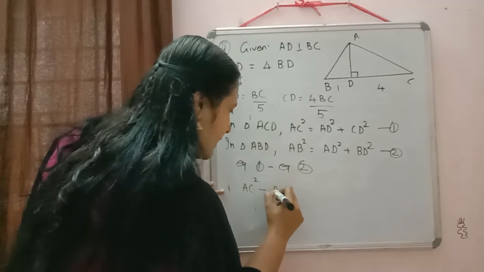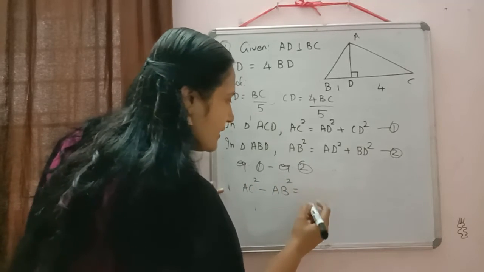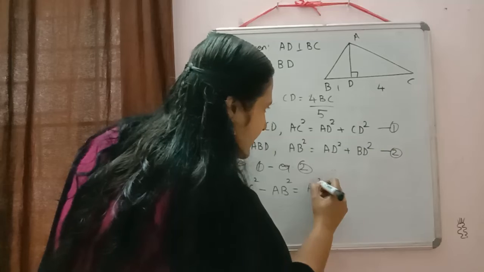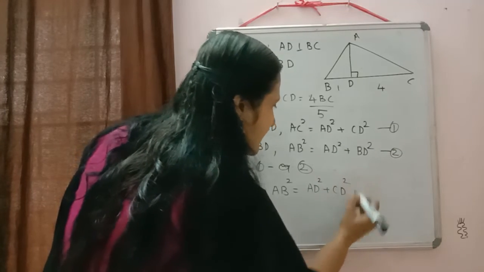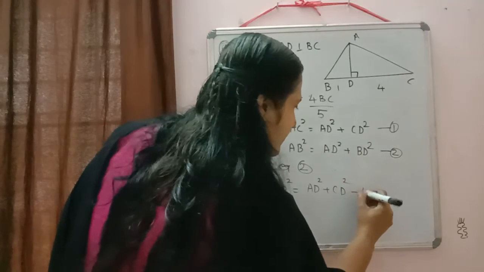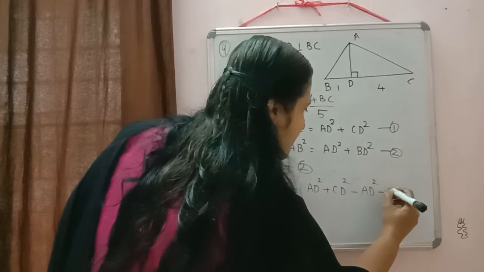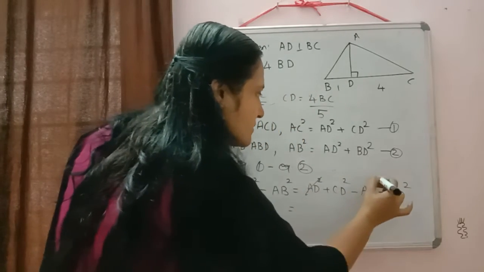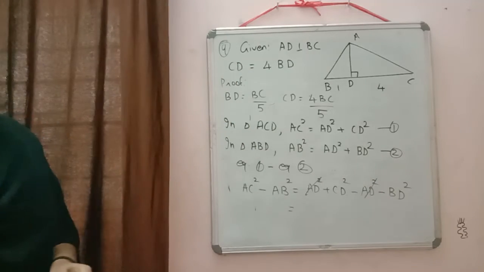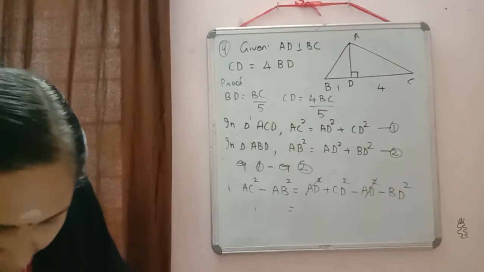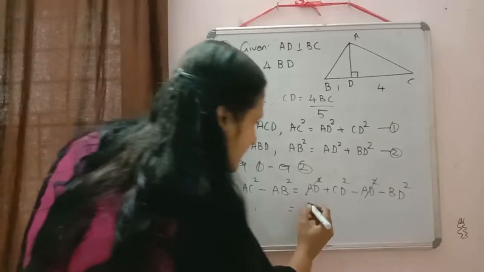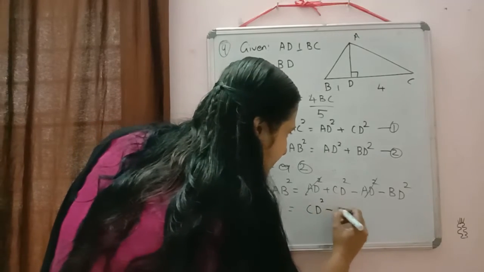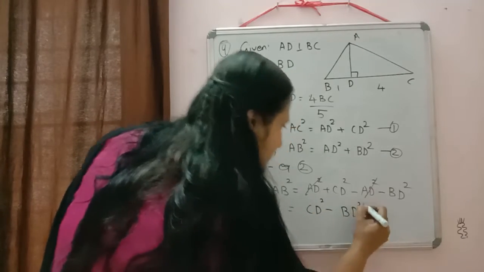AC square minus AB square is equal to AD square plus CD square, minus AD square minus BD square, as both will become negative. So AD square and AD square will get cancelled. Remaining, it will be equal to CD square minus BD square.